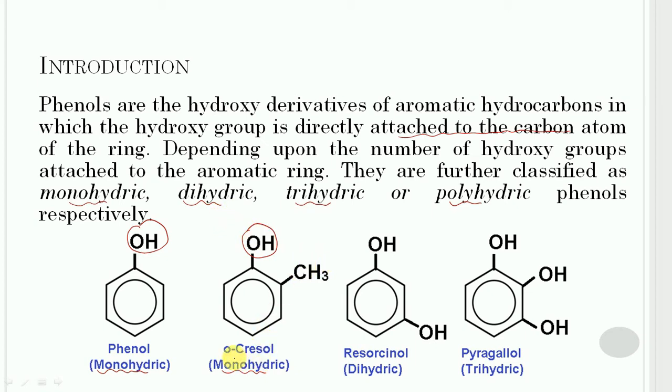It is called orthocresol. The third one, in this case, has two hydroxy groups attached with the carbon of the aromatic ring, so it is dihydric and it is called isoprene.